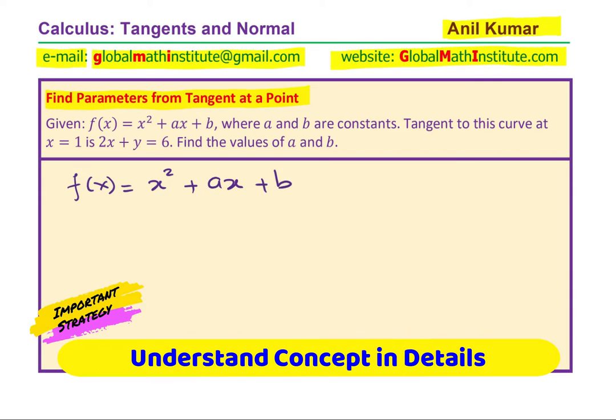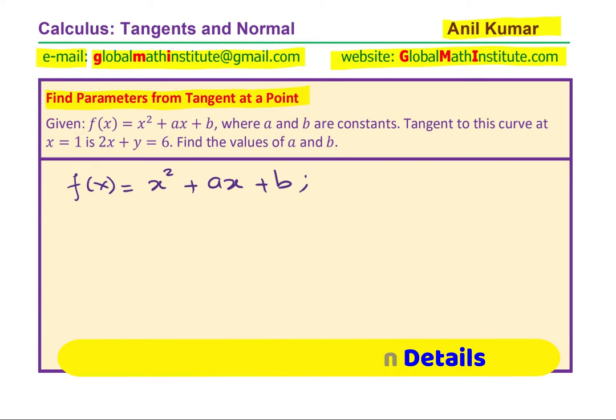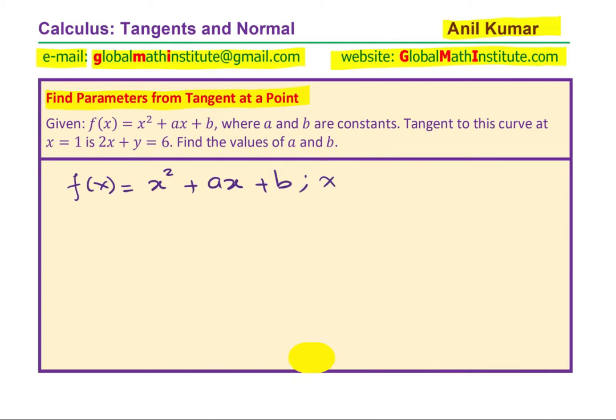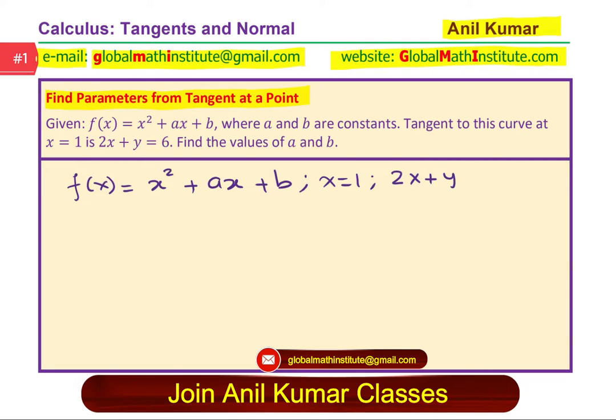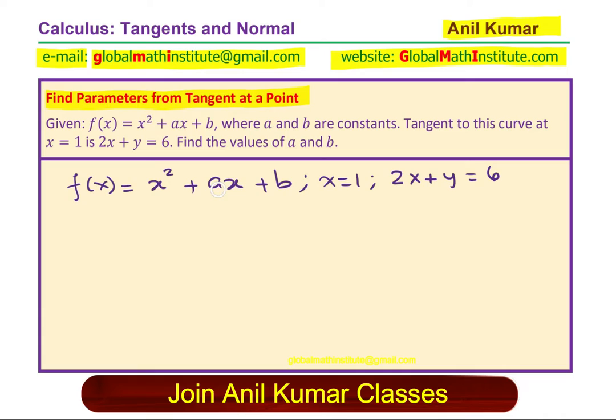However, we are given some more information, and that is the tangent to the curve at x equals 1. So at x equals 1, we are given that the tangent is 2x plus y equals 6. Now these two conditions are given, so we can find the two unknown parameters a and b.